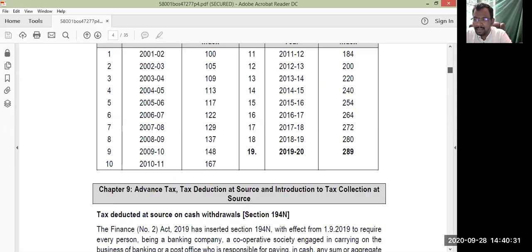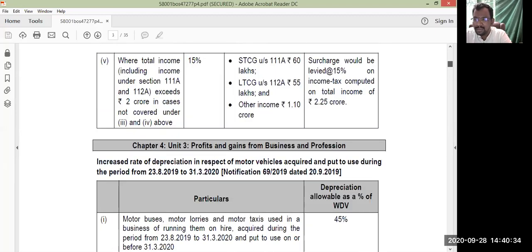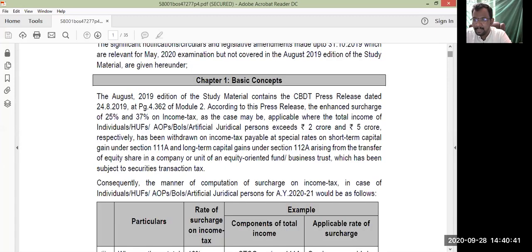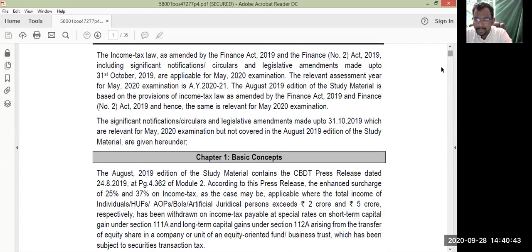There were some amendments which are not covered here, and let me tell you the reason why. The August 2019 edition is already updated with the amendments applicable to May 2020. Basically, all the amendments made up to the 31st of October 2019 are applicable for May 2020 exams.